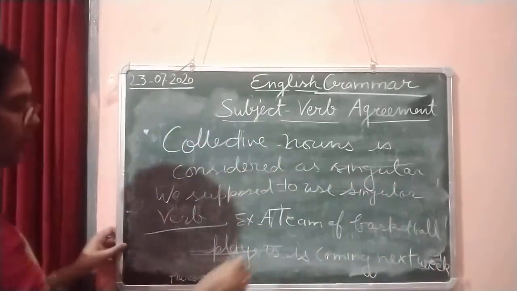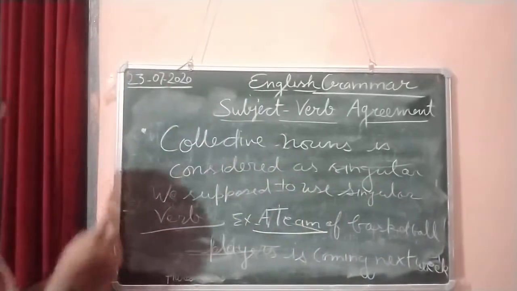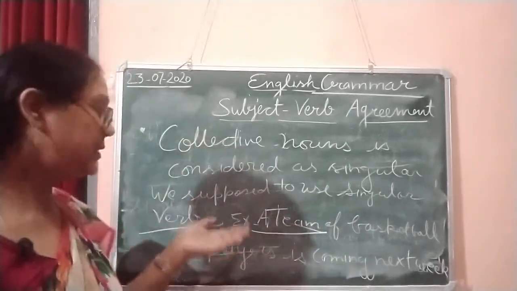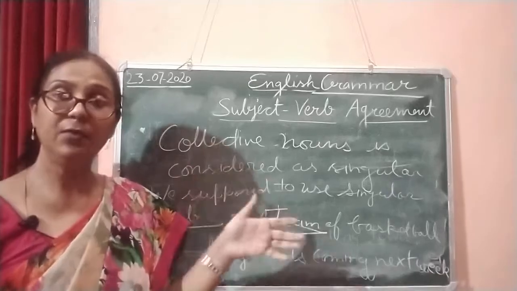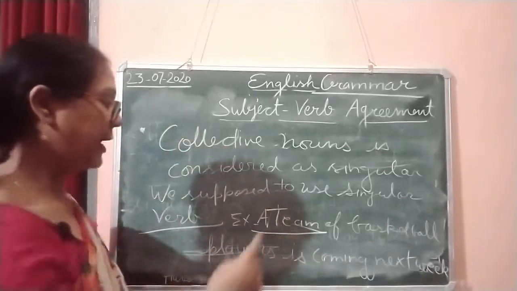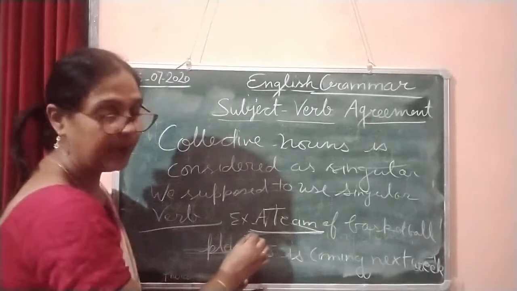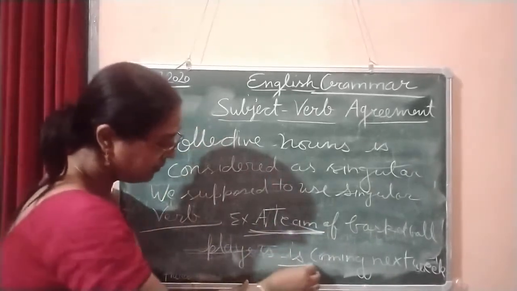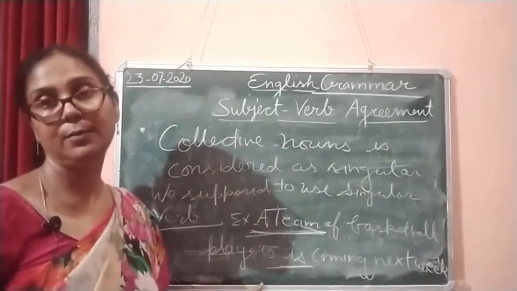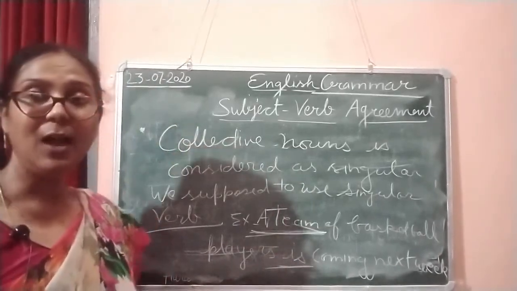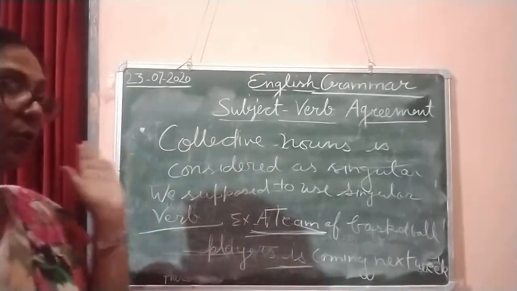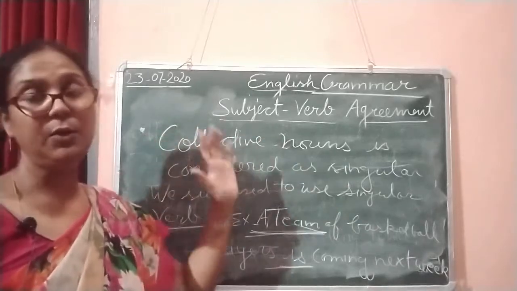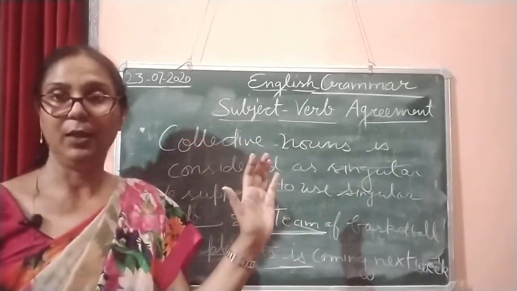Here you can see team is a collective noun and it is considered as singular. That is why we have considered this a singular subject, and that is why we have used a singular verb over here. So this way we can understand that if the collective noun is there in the subject, we will consider it as singular and we will use a singular verb.